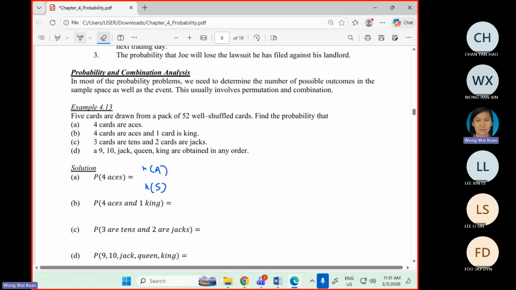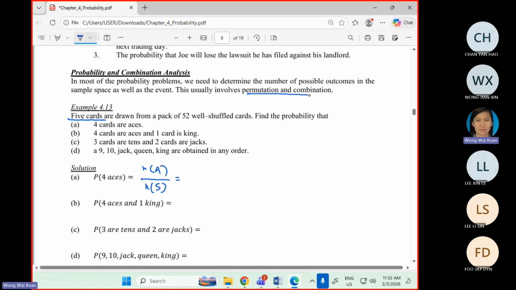What are the possible outcomes? How many possible outcomes if I take 5 cards from 52 cards? I have 52 cards, I randomly draw 5. How many possible outcomes?